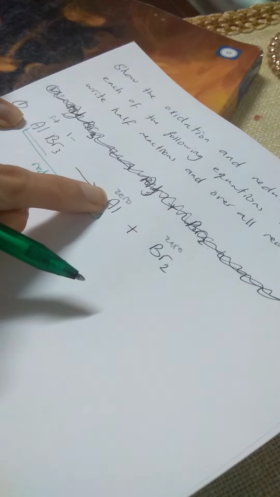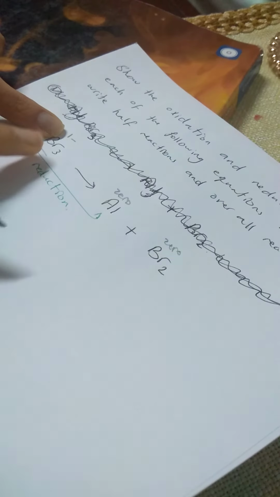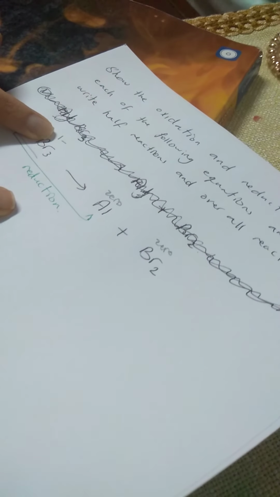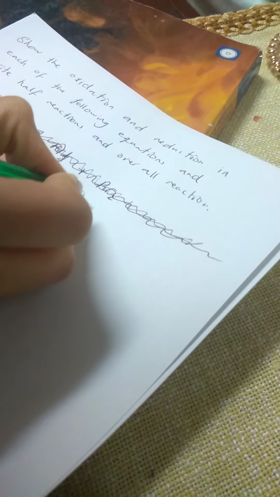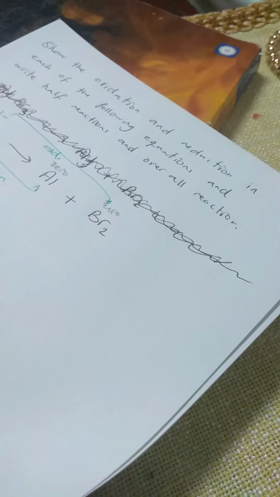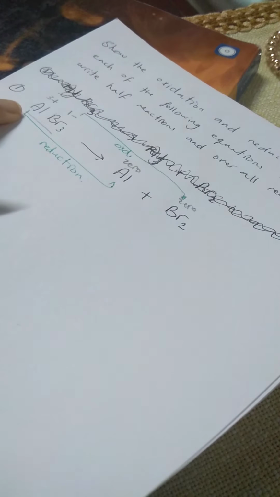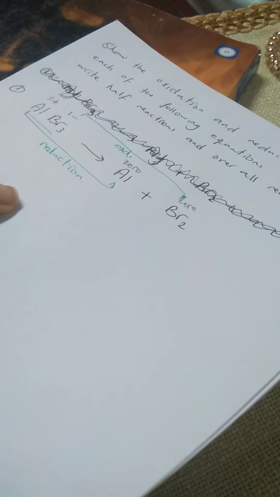Br from -1 to 0, from negative to 0, so this is increasing in the oxidation state. As we said before, increasing in the oxidation state is oxidation. So, Al +3 is reduced to Al, and Br -1 is oxidized to Br2.